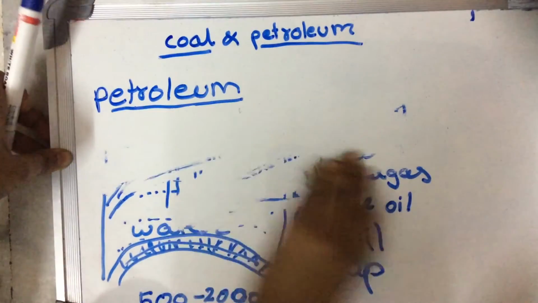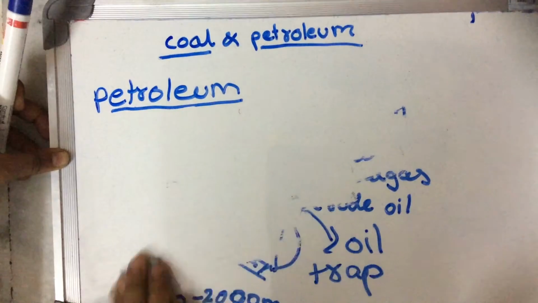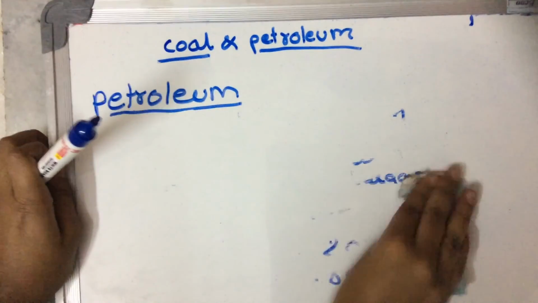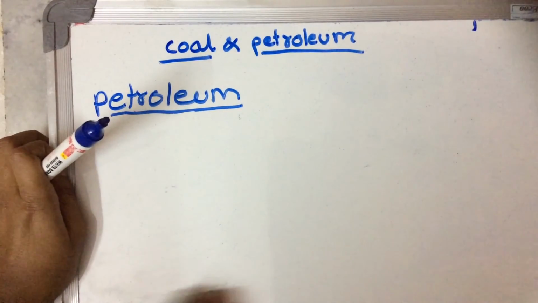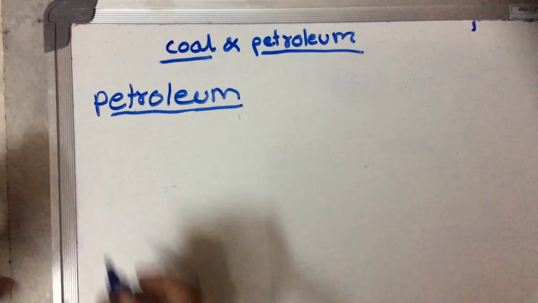Some of the main facts are: the first oil well was drilled in Pennsylvania, USA, in 1859.